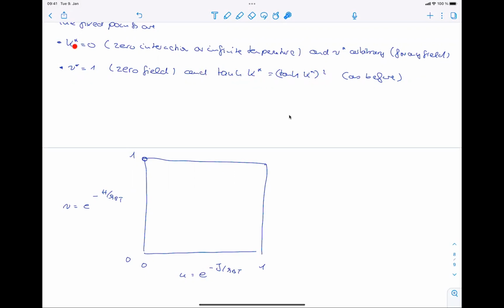And then I have another fixed point, which is at k equals 0. So that's actually this entire line here. So maybe let me switch to a different color.